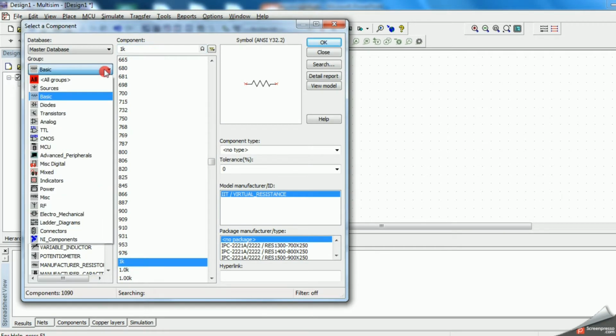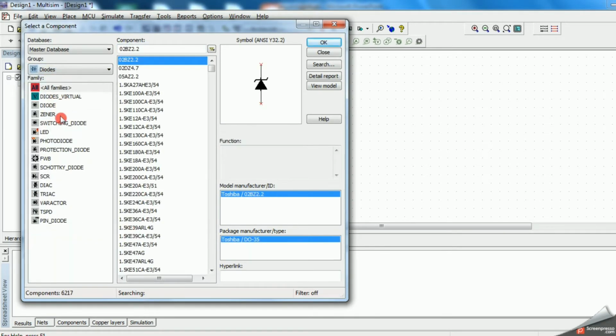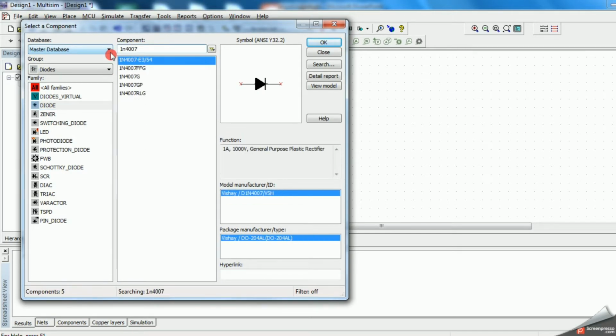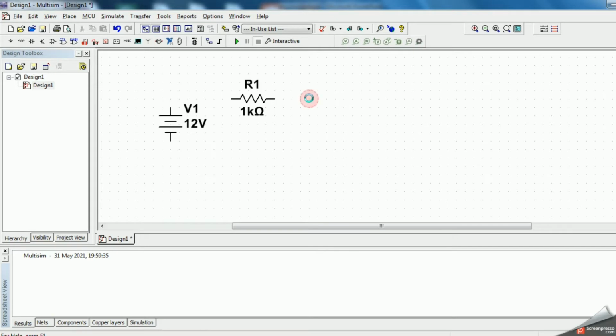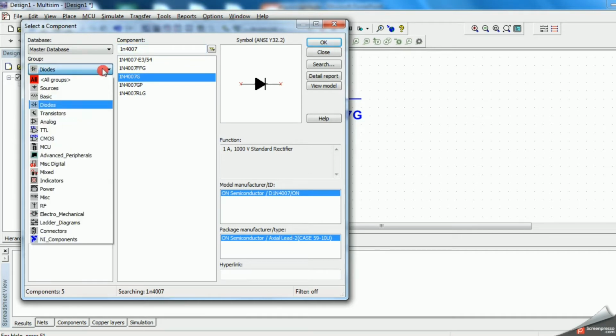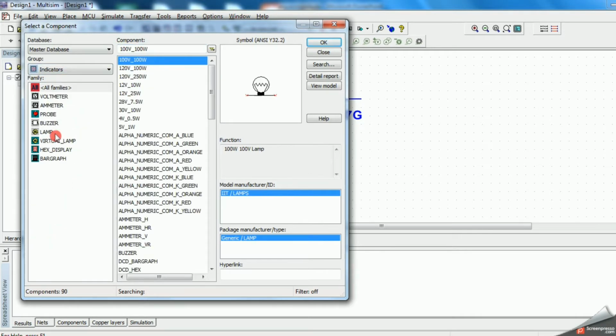Next component is a diode, 1N4007. Okay. For measurement of voltage, a voltmeter is required and it is available in the indicators group.